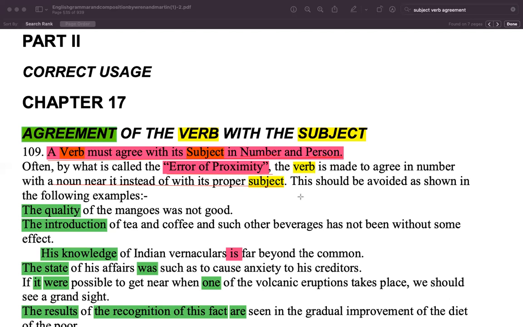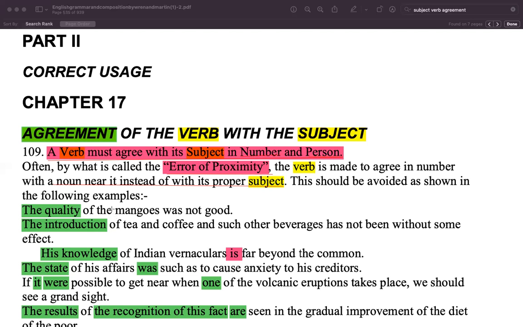But at the same time, we need to understand that whether the noun is closer to the verb or farther from the verb doesn't matter. What matters is which one is the principal subject among the noun or nouns, right? This should be avoided, as shown in the following examples.